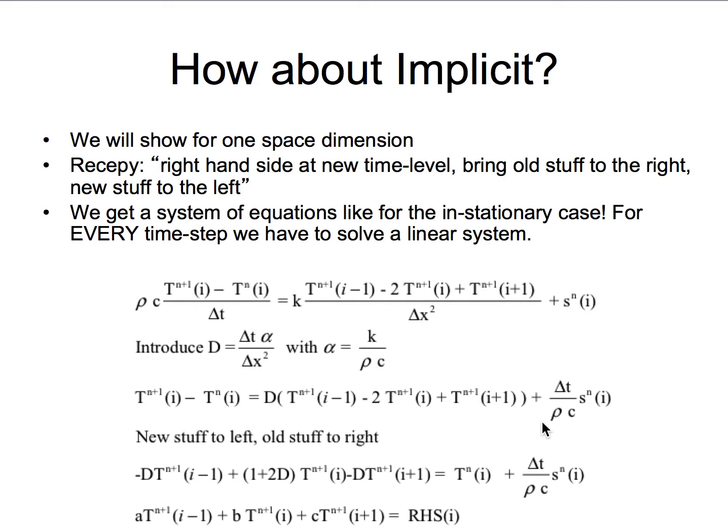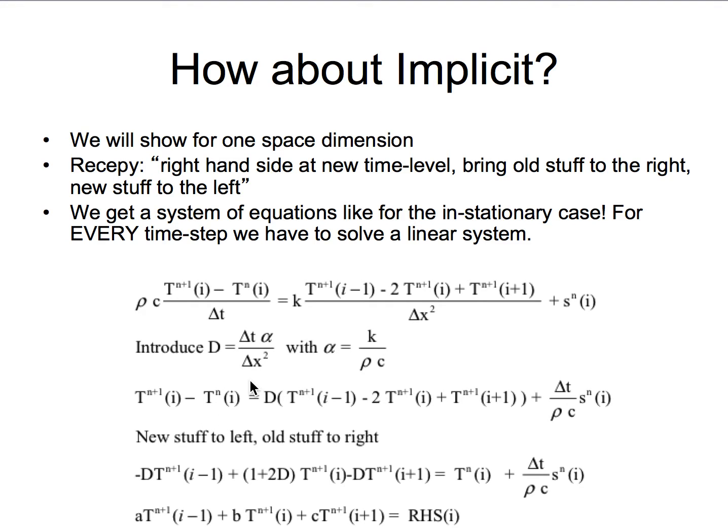How do you continue when you want to solve this implicit time stepping problem? Bring all new stuff to the left, all old stuff to the right. So all terms containing the temperature at n+1 have to go to the left, and the temperature at time level n has to go to the right.